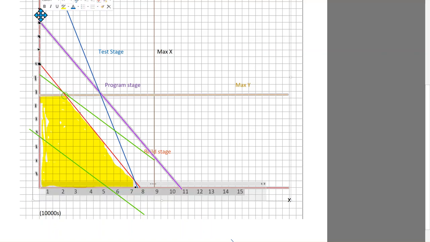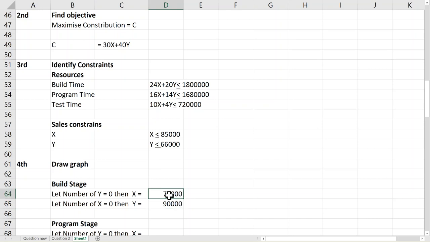The proportions of x-axis and y-axis in linear programming should be the same. In CVP analysis, we saw it didn't matter, but here it is important that both of them are the same.